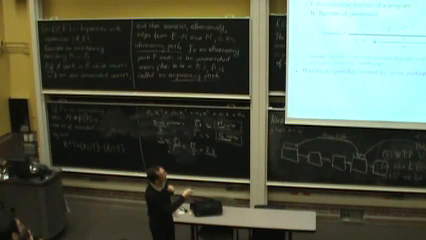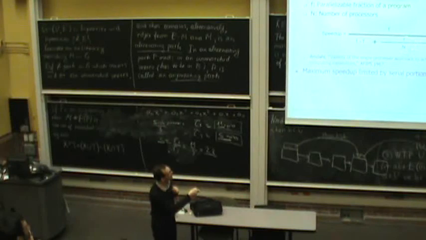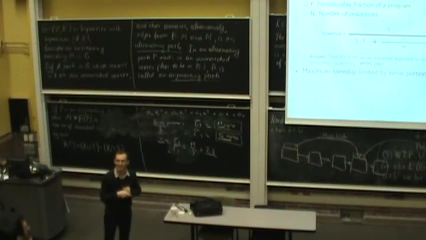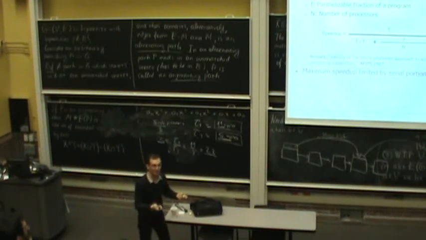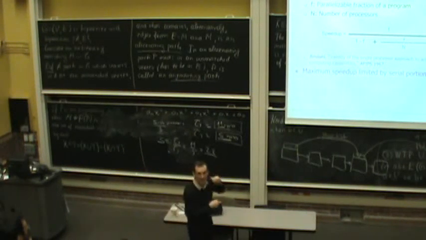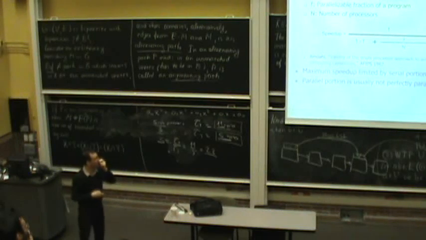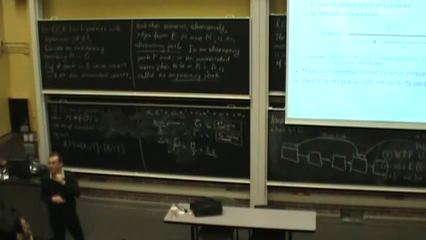But things are not as rosy on this side also. Meaning, is this true? As you add more processors, do you actually divide the execution time that's parallelizable by n? That's actually not true also. Amdahl's law doesn't capture that. And there's actually no similar law that captures this, but the parallel portion is usually not perfectly parallel.